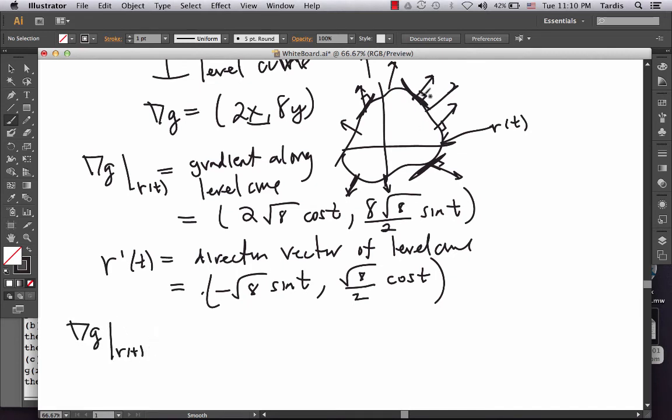Now we should be able to check that the gradient, those arrows only at the points on the curve, dot product with the derivative of your curve, which means just the little direction vectors here, should come out to be 0. So the gradient is 2 square root of 8 cosine of t, 4 square root of 8 sine of t.